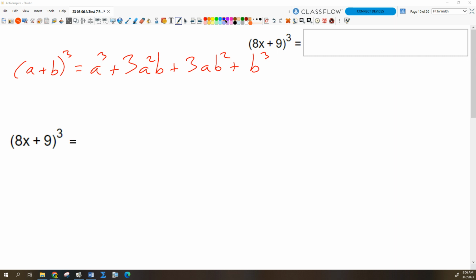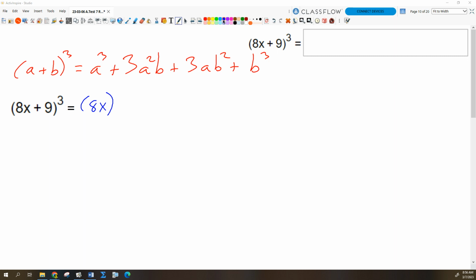Okay, so if we apply this pattern, let's scoot this guy up a little bit. What's that going to give us? Well, what are we cubing there? What's a being replaced by? 8x. Okay, good. And you'll have a calculator for this, right?